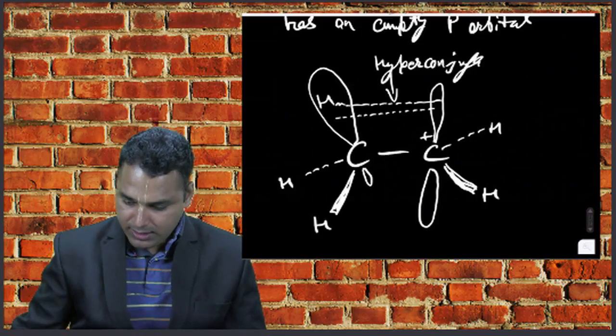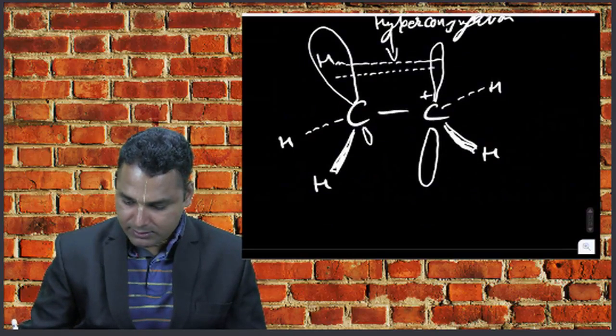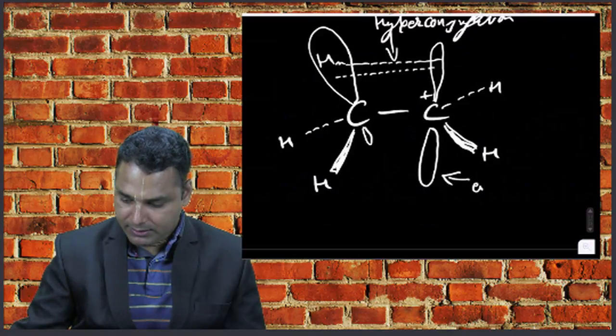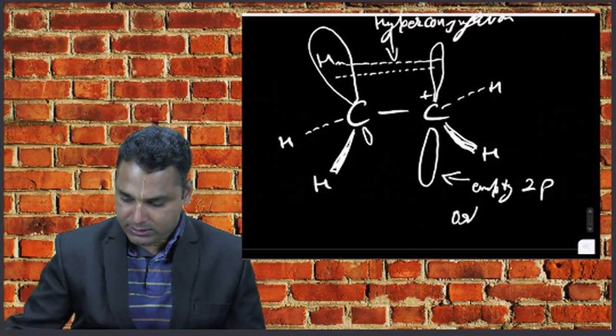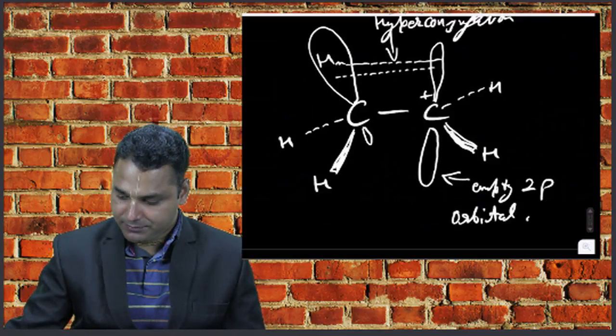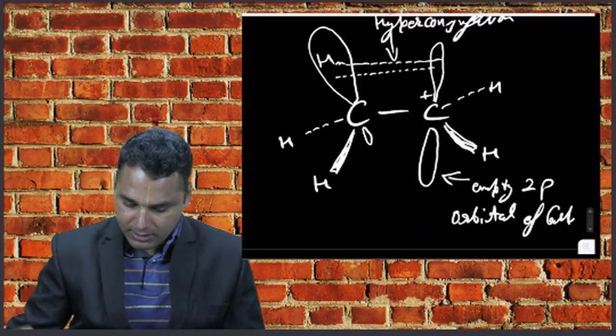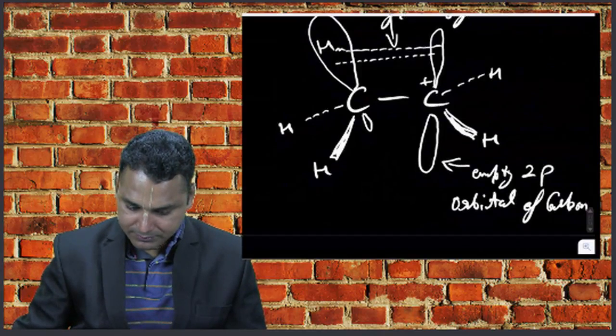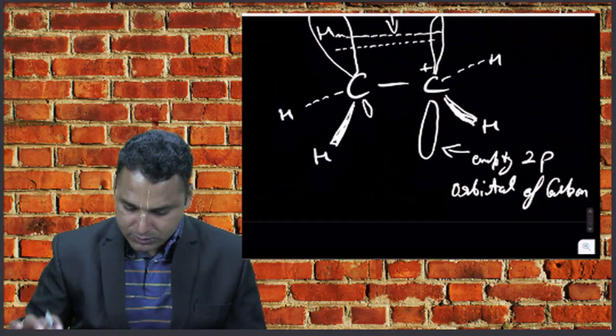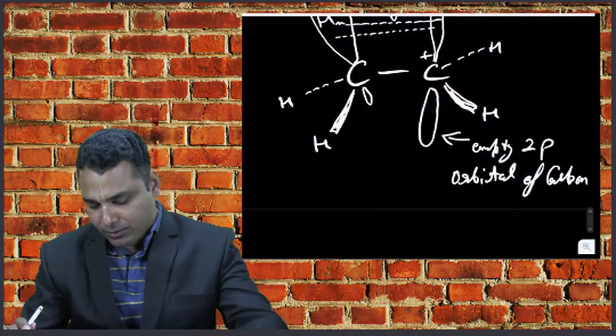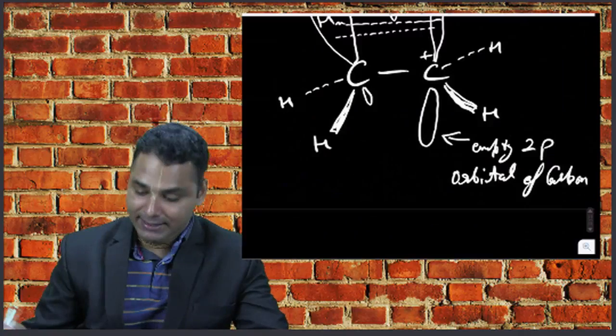It happened because it has an empty 2p orbital of carbon. So this is the orbital diagram showing hyperconjugation of the ethyl cation.